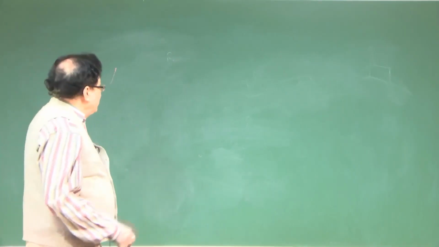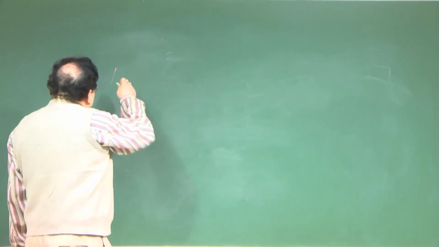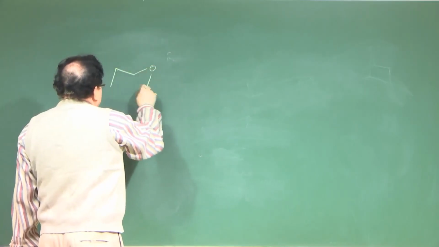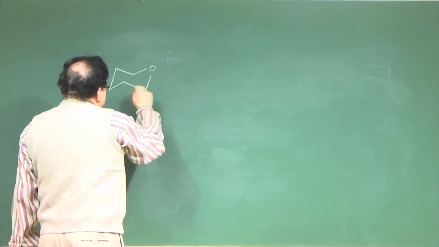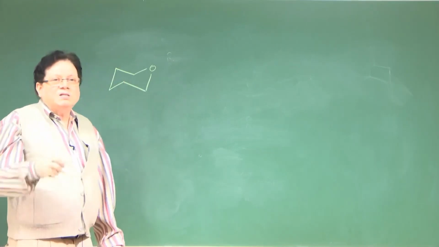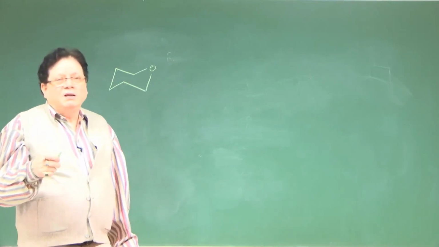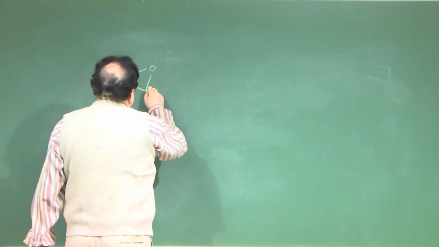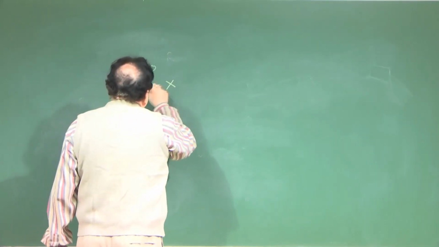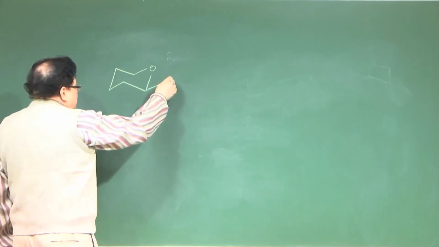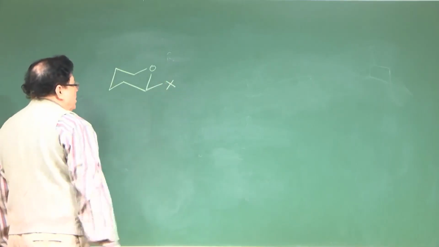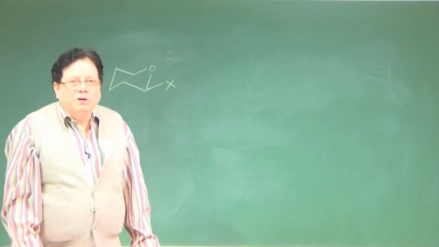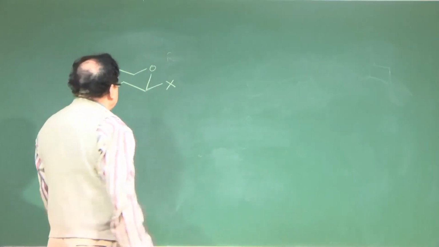Now, let us see the first one, what makes the equatorial isomer unstable, and what extra interactions or strain it is suffering from. Okay. So, let us draw the equatorial isomer. Remember, this is a polar group. So, this atom is much more electronegative than the carbon to which it is attached, that means the anomeric carbon. Okay.